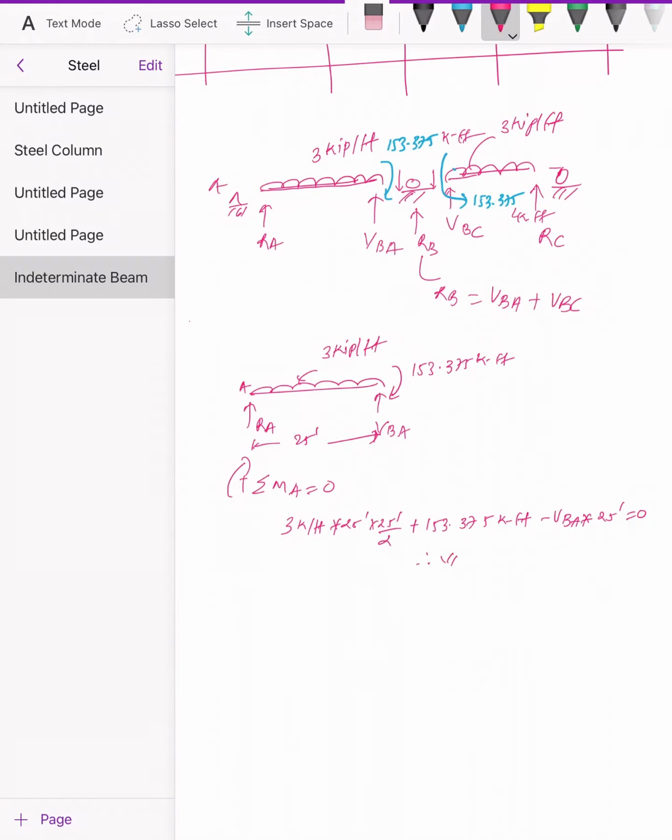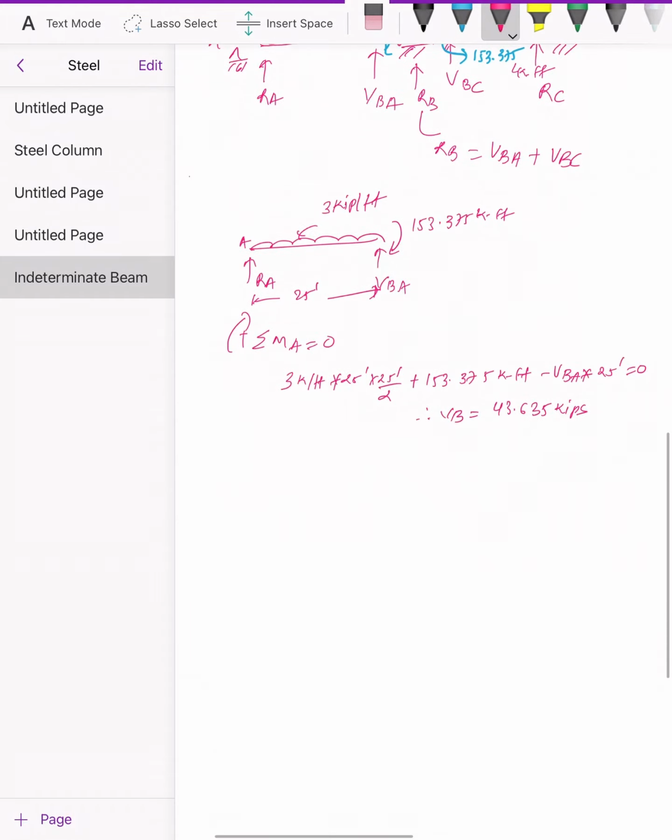From here I get VBA equal to 43.635 kips. If you do the summation of Fy equals 0, then RA plus VBA minus 3 times 25, from here you will get RA equal to 31.065 kips.